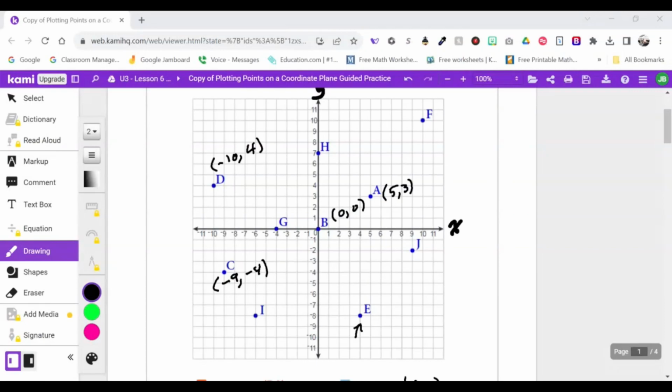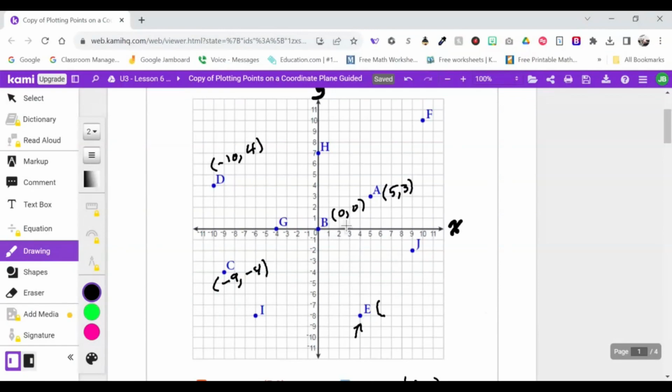Okay, we're looking for the coordinates for E. We want to be careful in the x direction, and coordinates always go in parentheses.